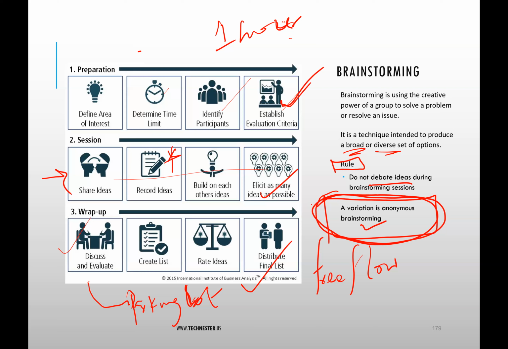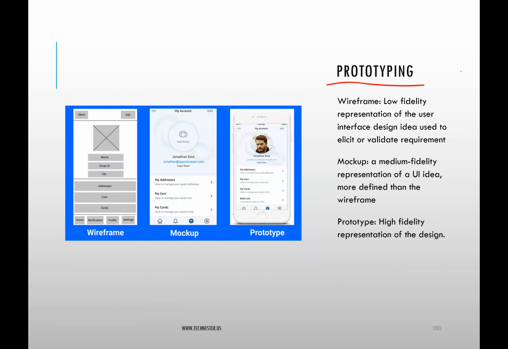So let's look at some tools you can use during brainstorming sessions and workshops. Prototyping is one tool you can use. Now, I call this prototyping or prototypes, but there are actually three different types of tools here that I'm grouping into one.